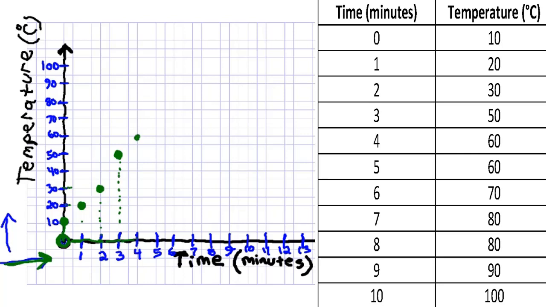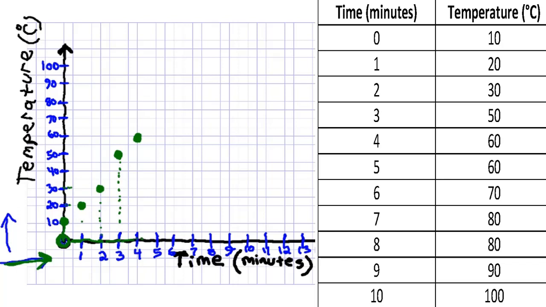Now let's go back, and on our time it has 5 minutes and 60 degrees Celsius again. And this happens when you're graphing numbers. Sometimes the numbers act weird and unexpected, and that's fine. So at 5 minutes, it's also at 60 degrees Celsius. So let's go and see what that looks like on our graph.